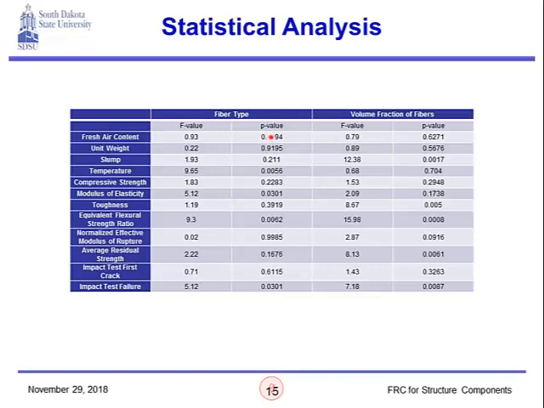Then we know that there's really no effect whatsoever. So the fiber type does not really affect the fresh air content. And then we go, for example, to the fiber dosage. We want to know the effect of fiber dosage on the fresh air content. We see it's 0.6271, way more than the 0.05 threshold. So there is really no effect, which is expected for fresh air content.